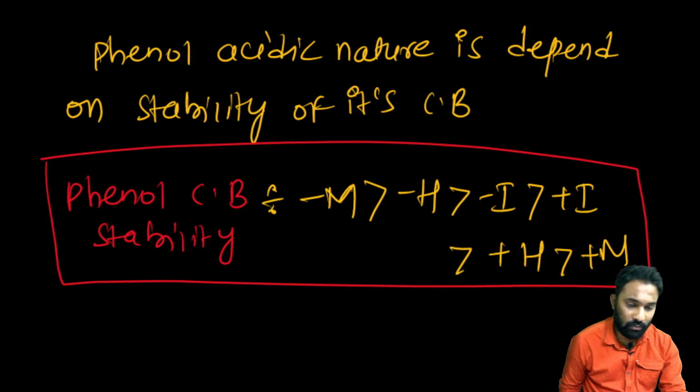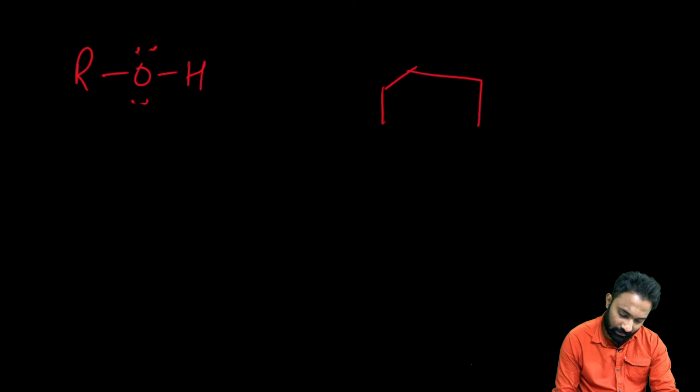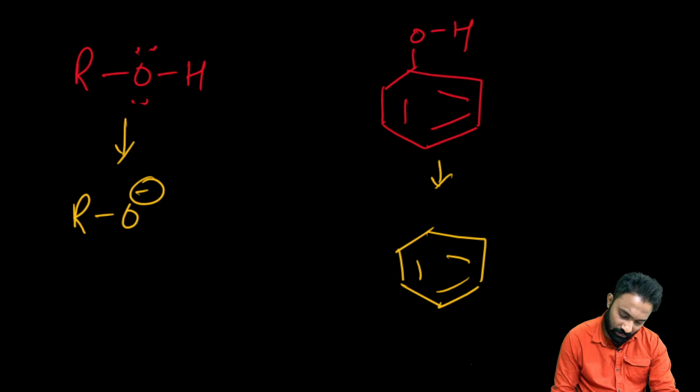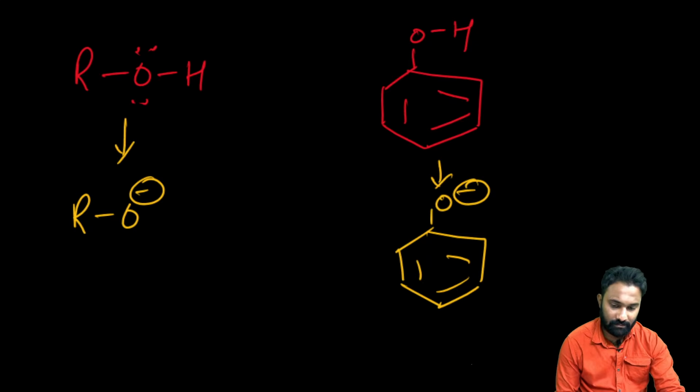Clear? Now we'll see. First, if you take a normal alcohol and phenol, in both cases the conjugate bases are RO minus and O minus.